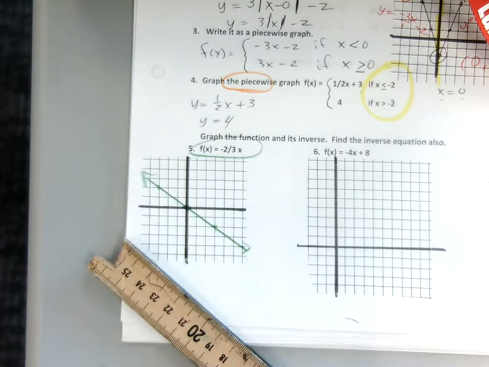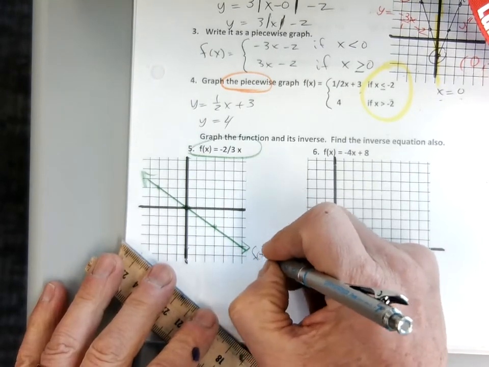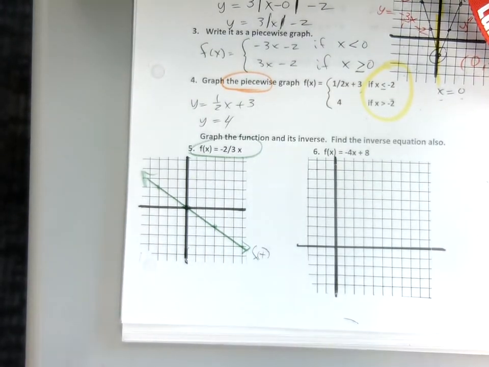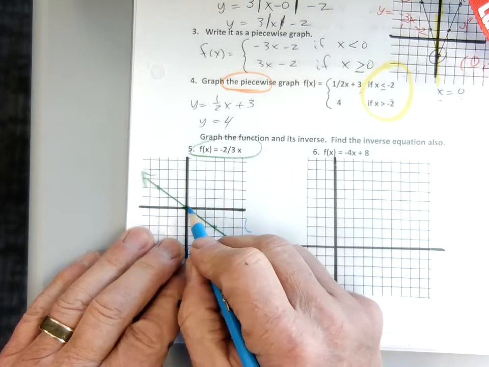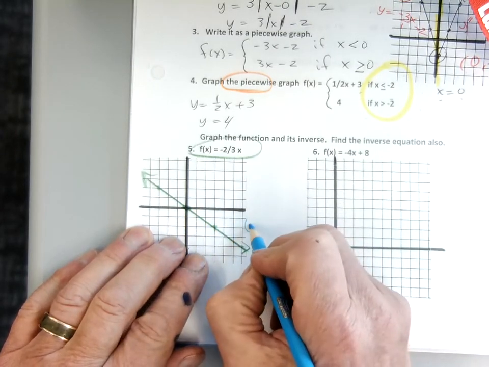And then, if I want the inverse, what I can do is do the points. It might be easy to do the points, right? So I have a point here at 3, -2.